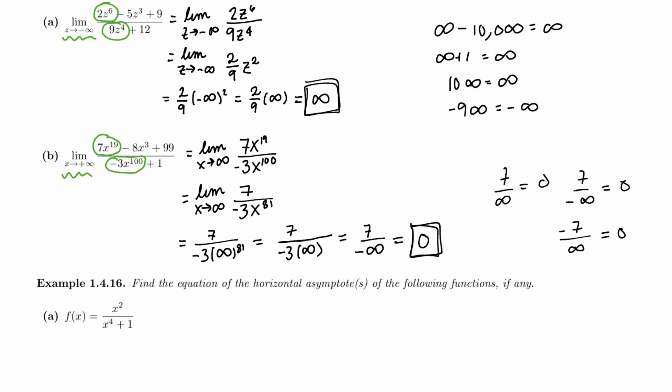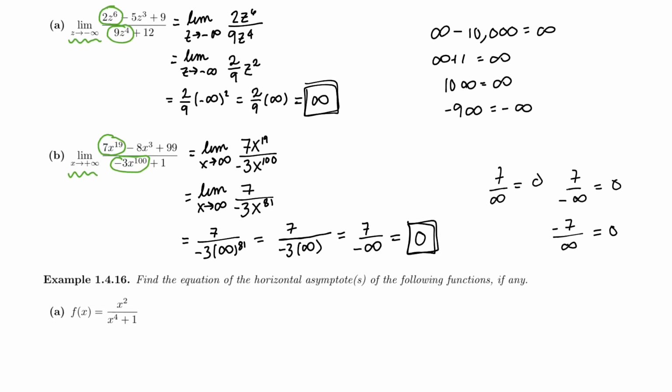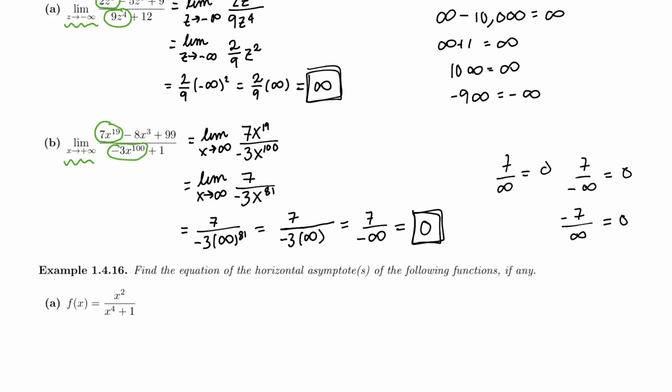So yeah, regardless of the type of infinity, if it's a number over infinity, positive or negative, it'll come out to be 0. Can I answer any other questions?